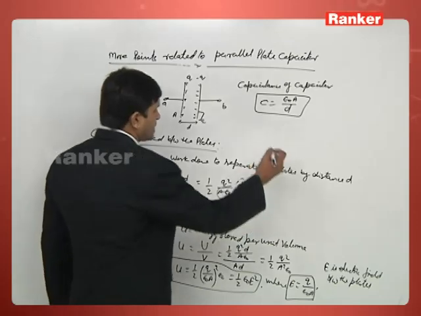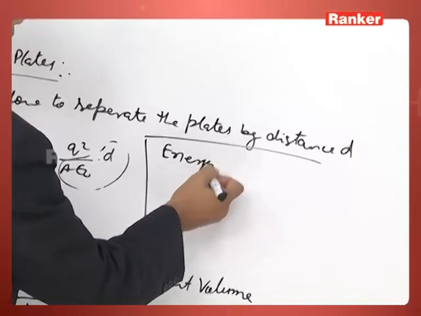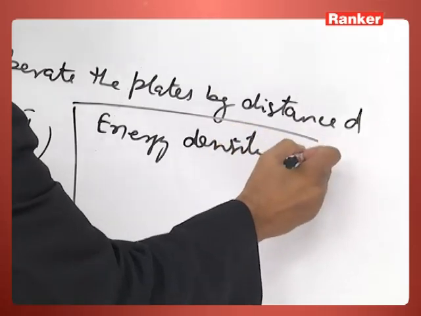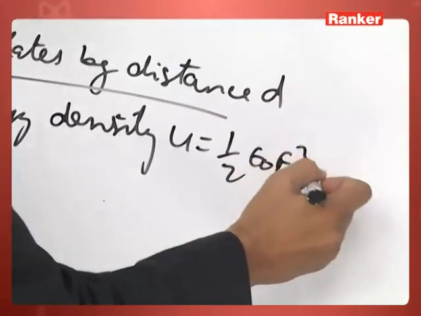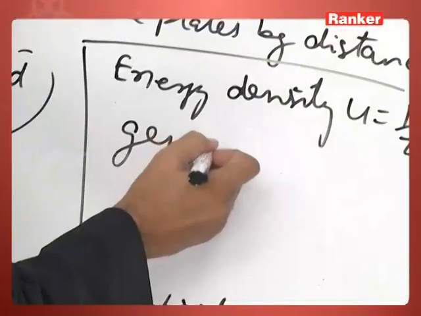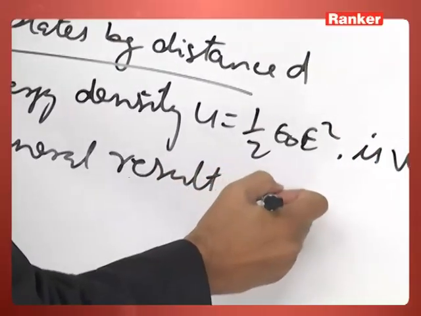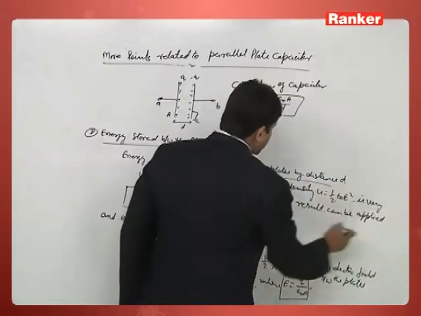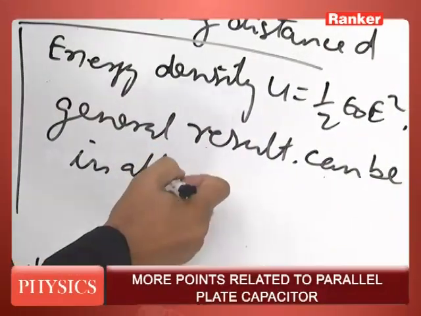So the energy density formula: energy density u is half epsilon naught E square, a very general result that can be applied in all conditions.